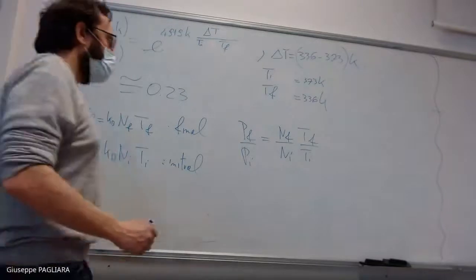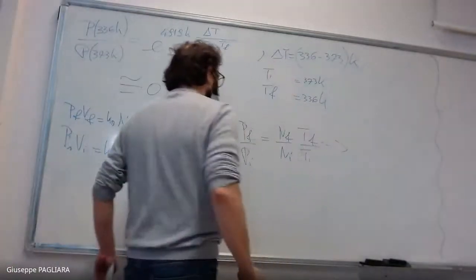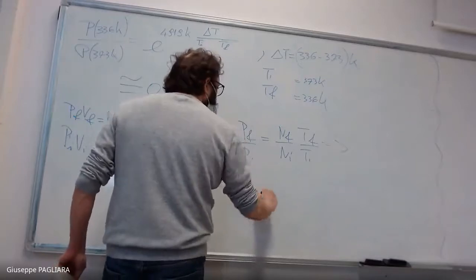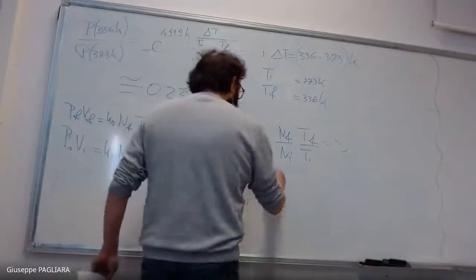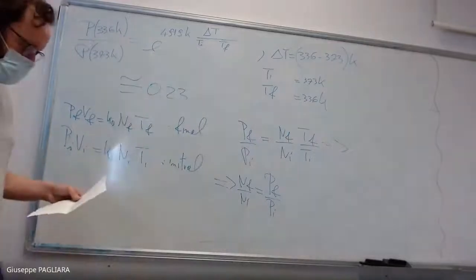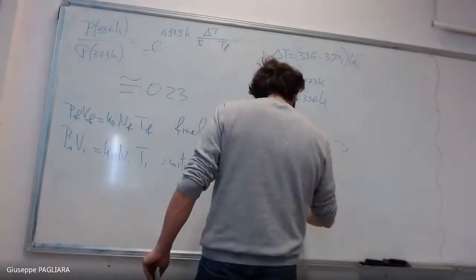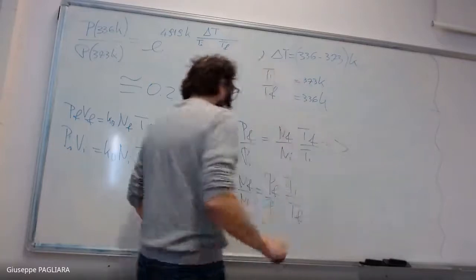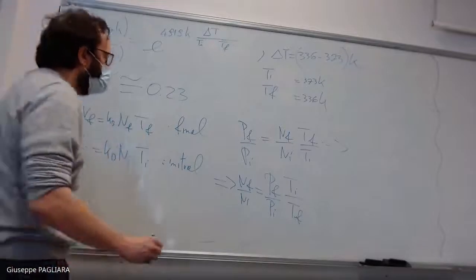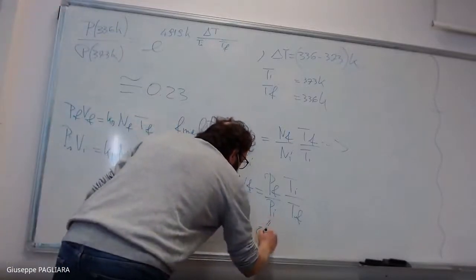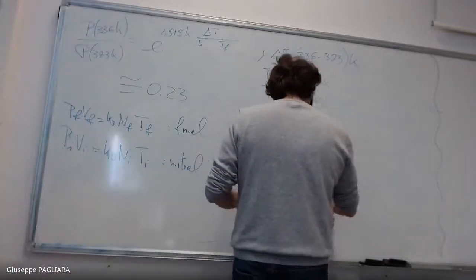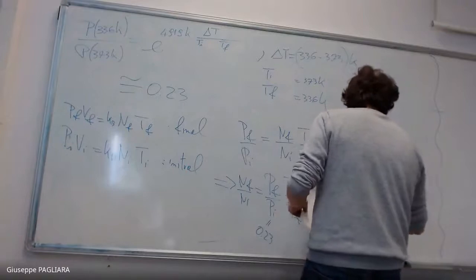And from this you can get that N_F divided by N_I is equal to P_F over P_I times T_I divided by T_F. Now you put the numbers. So P_F divided by P_I is 0.23. And you put also the ratio between the temperatures, and finally you get 0.26.